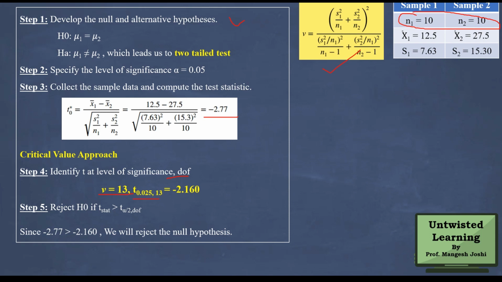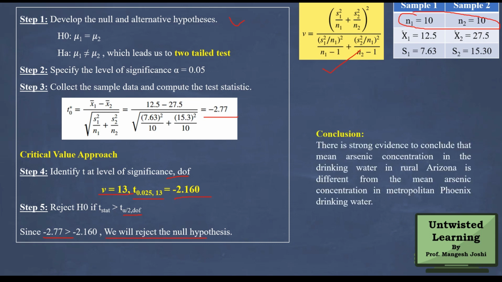Using the t distribution table, we have the value of t critical as minus 2.160, and your calculated value of t statistic is minus 2.77. As per your rejection rule, reject H0 if t stat is greater than t alpha by 2, comma degrees of freedom. Since minus 2.77 is greater than minus 2.160, we will reject the null hypothesis.